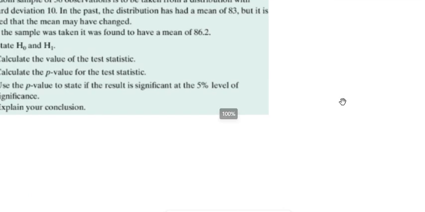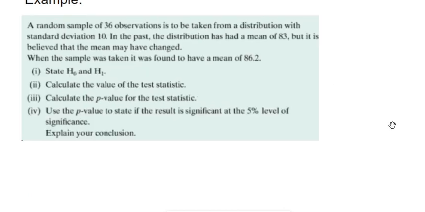So here's an example. In 36 observations, the standard deviation is 10. In the past, the distribution has had a mean of 83, but it's believed that the mean has changed. When the sample was taken, it was found to have a mean of 86.2. Let's write our null and alternative hypotheses first.